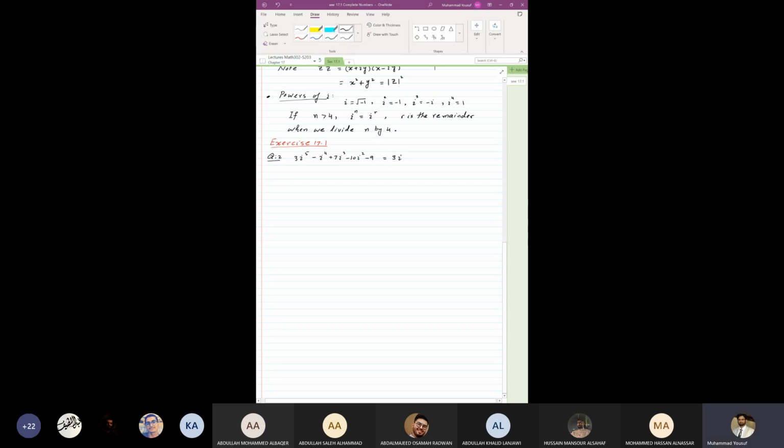Now 3 i power 5, when we divide 5 by 4, the remainder is 1, so 3i. i power 4 is 1. i power 3 is a negative i. i power 2 is -1. So this is equal to 10 minus 9 is 1. 1 minus 1 is 0.